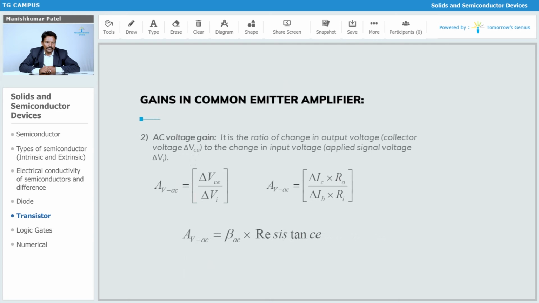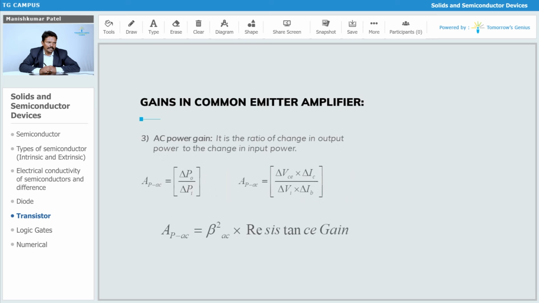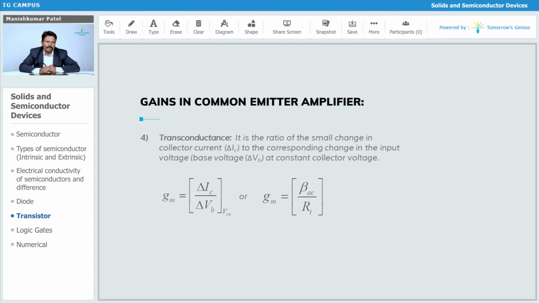You can write this voltage in terms of current and resistance also. Then the power gain is Po upon Pi, where P is equal to Vi, and you can write it in that form also.